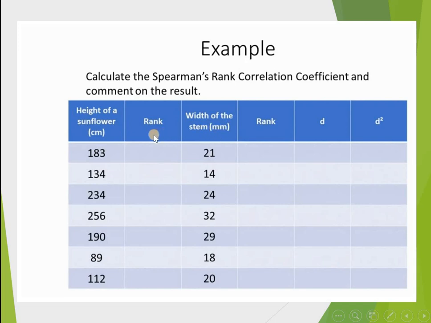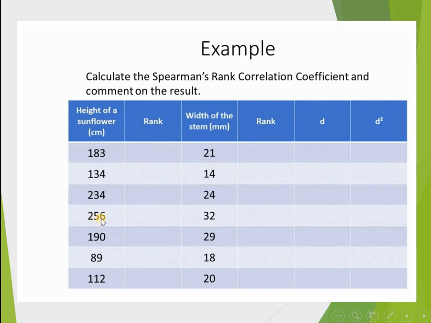I'm going to arrange the first values in the first column, ascending or descending, as you like, and give each value a rank. In this example, I'm going to rank according to the greatest value. I'm going to start with the greatest value and give it number 1.